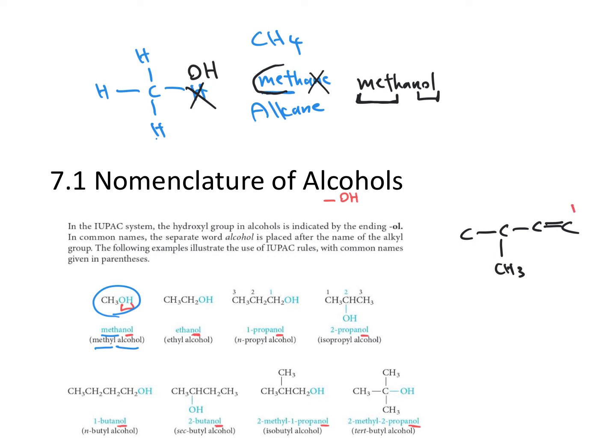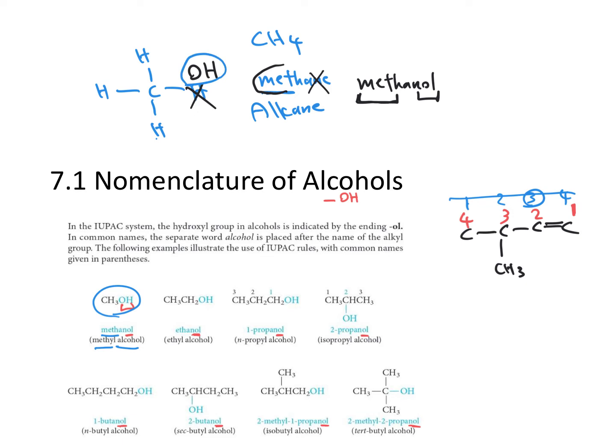Right to left, right? Because I encountered the double bond here at carbon number 1, 2, 3, 4. But if I go the other way, it would be 1, 2, 3, 4. And I don't want that. I want the numbers to be as low as possible. But in this case, we care more about the OH group, even if you have multiple bonds. We name it so that we encounter this OH group sooner.